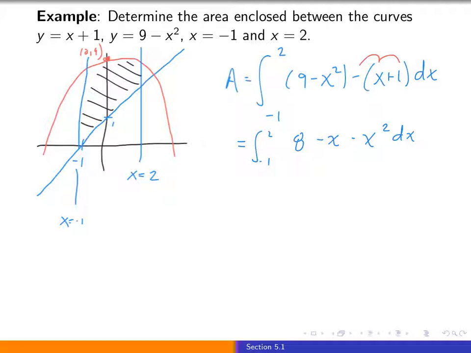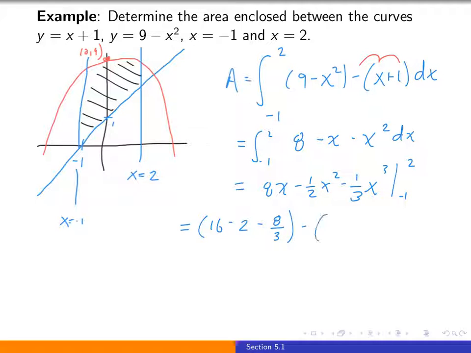So anti-differentiate each term. 8x minus 1/2 x squared minus 1/3 x cubed. And then we evaluate from minus 1 to 2. So we plug in a 2, so it'd be 16 minus 1/2 times 2 squared is 2, minus 2 cubed over 3, which is 8 over 3.